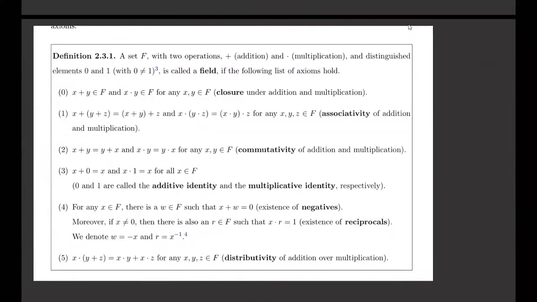Okay. So for the field question, if they ask you if something is a field, what you have to do is check all these 6 conditions. There's no other way. You have to check every condition. And if it passes all the conditions, then it is a field. And if it fails only one, it is still not a field. So the important thing about a field is, we are running out of time.